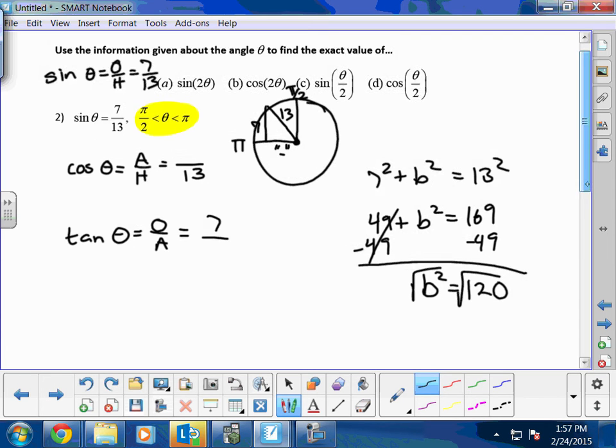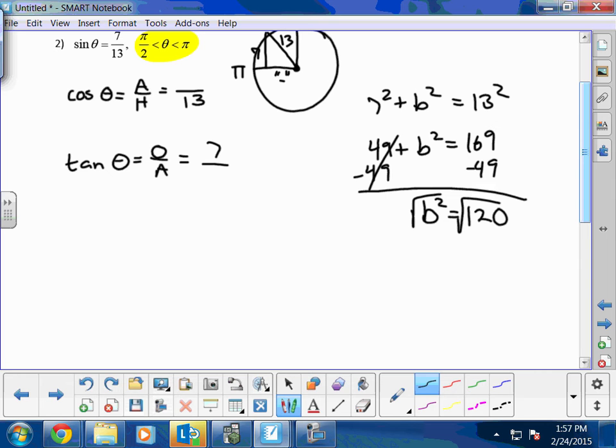Now, when I take the square root of 120, a couple of things are going to happen right here. First of all, this is plus or minus, so it's going to be minus. But the square root of 120 could be broken up into different parts. What do I mean specifically? I could say this is 10 times 12, but 10 is actually not what I was looking for.